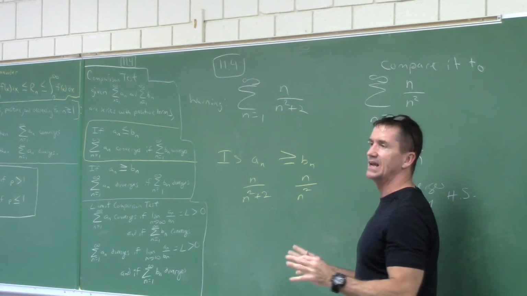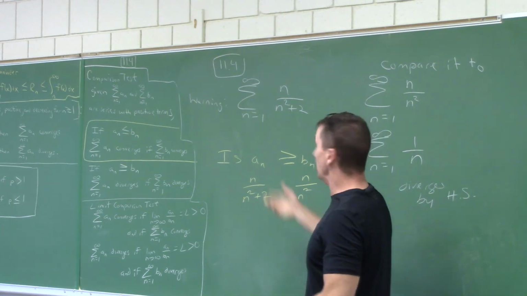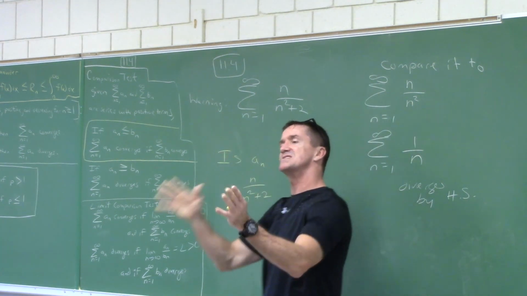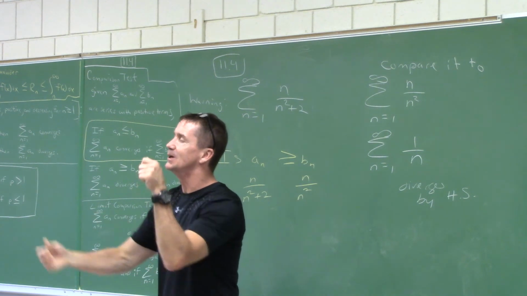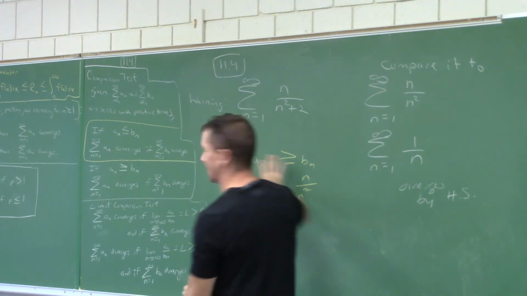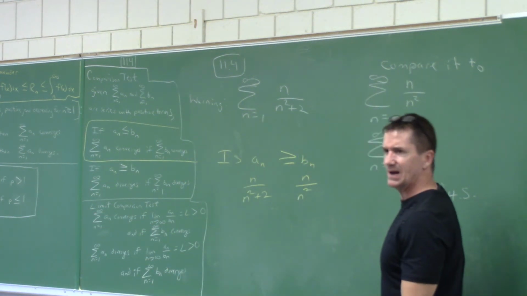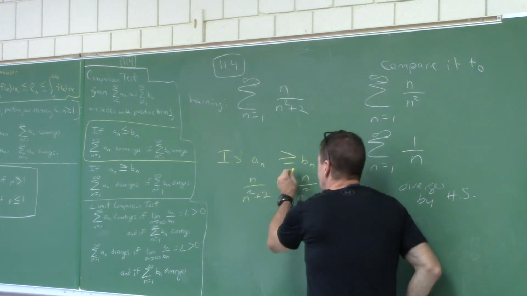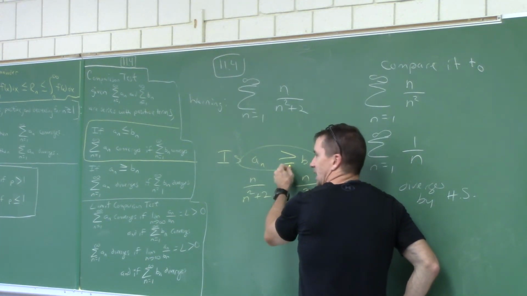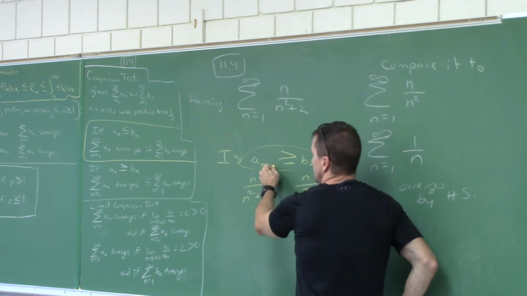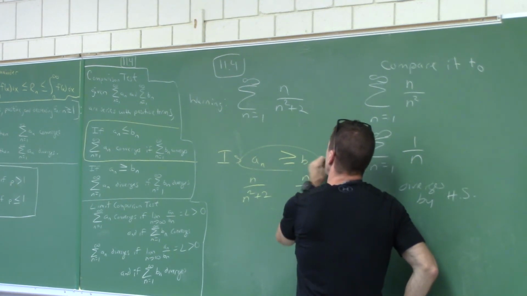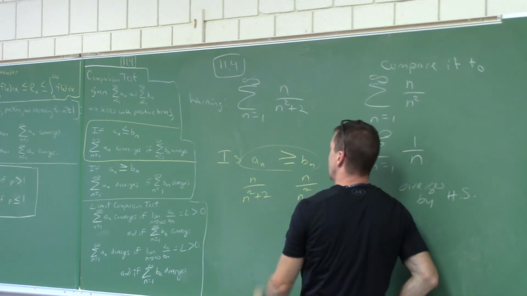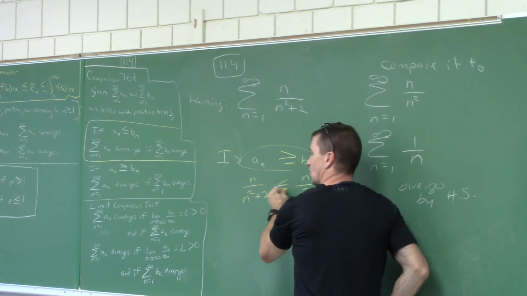So that's the danger. Where you go, but I know. Remember this diverged? So someone's saying this diverges by comparison test, and then they justify it this way, and they're like, man, I lost all these points. It's because they're using the wrong test. And it was all because it came to that little one. That wasn't holding true, right? Is a sub n greater than this? We're like, no. This is lower than that.